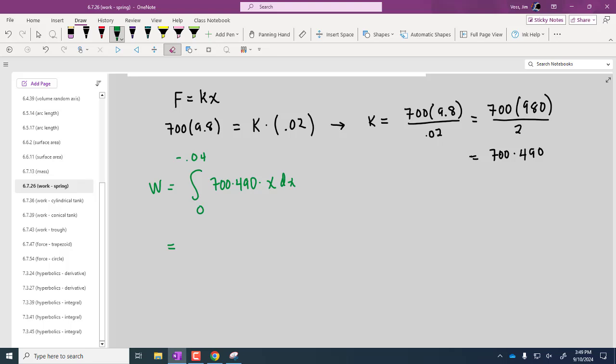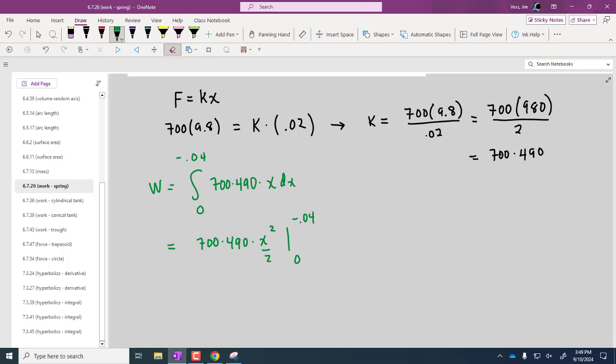And it's going to be the same work here because as soon as we do this integration, we end up with an x squared over 2. So it's not going to matter whether we plug in positive or negative 0.04 because we square it. But in theory, it's negative.